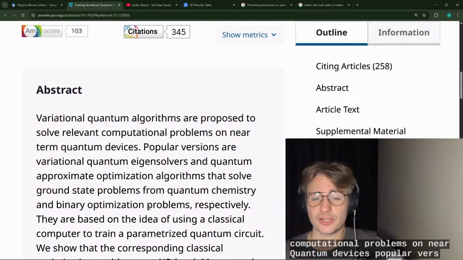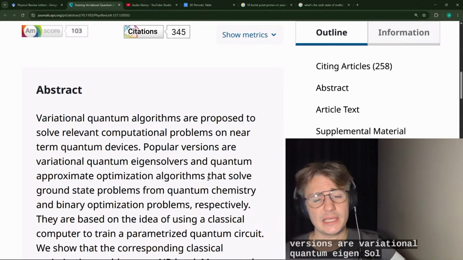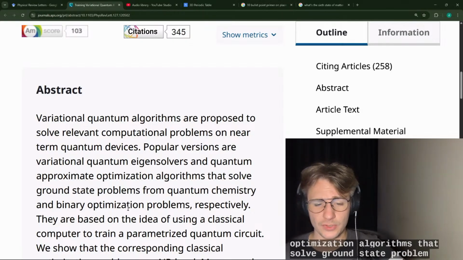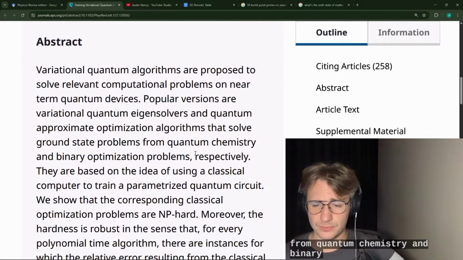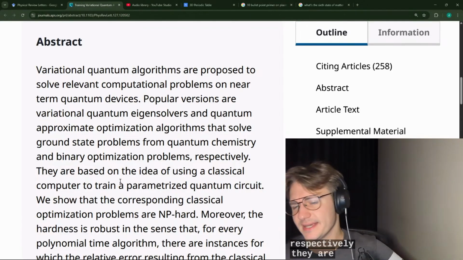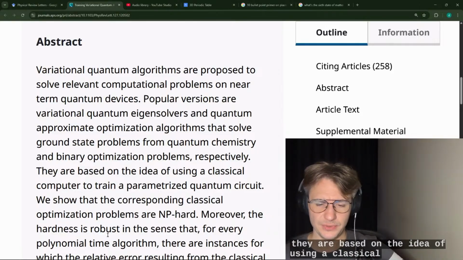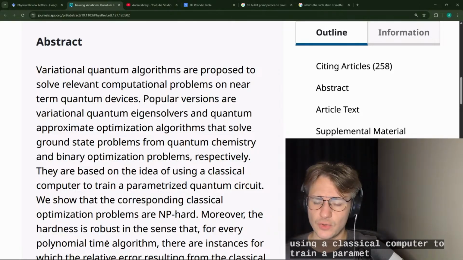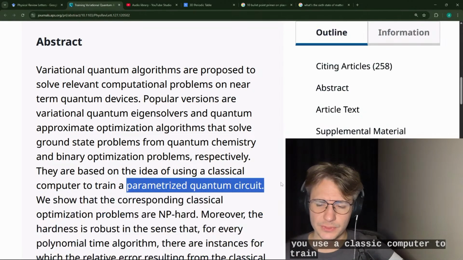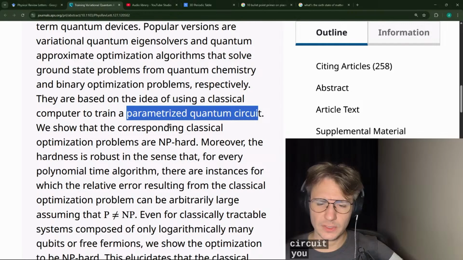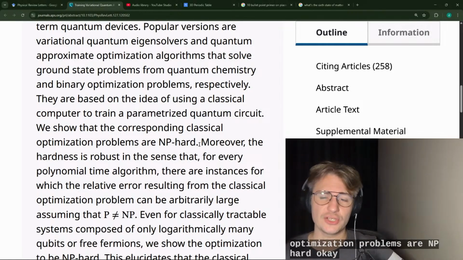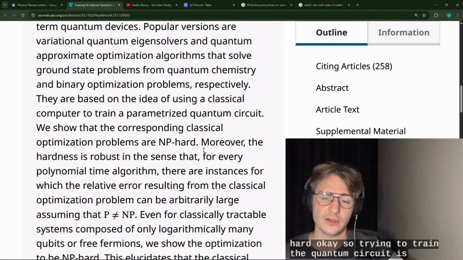Popular versions are variational quantum eigensolvers and quantum approximate optimization algorithms that solve ground state problems from quantum chemistry and binary optimization problems, respectively. They are based on the idea of using a classical computer to train a parameterized quantum circuit. You use a classical computer to train a quantum circuit. You show that the classical optimization problems are NP hard. Okay, so trying to train the quantum circuit is NP hard, I see.